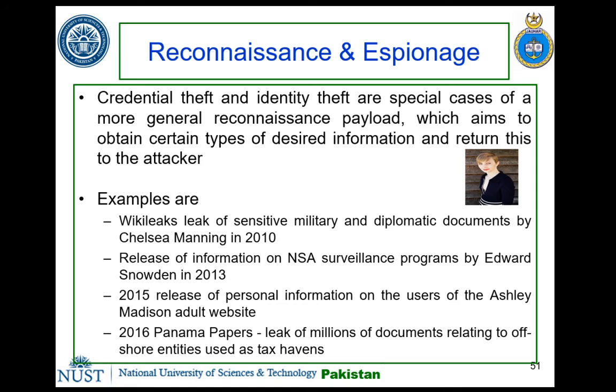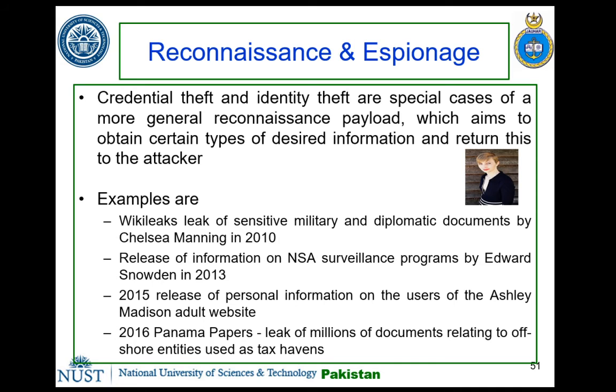WikiLeaks' leak of sensitive military and diplomatic documents by Chelsea Manning in 2010. We all know that. Release of information on NSA surveillance programs by Edward Snowden in 2013.